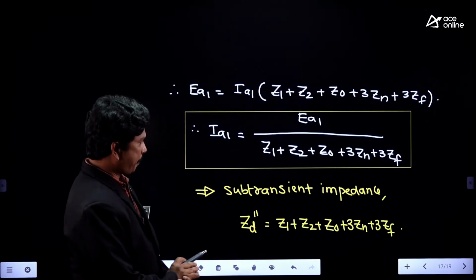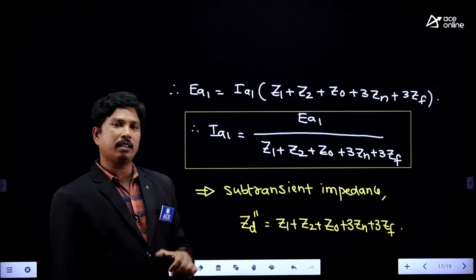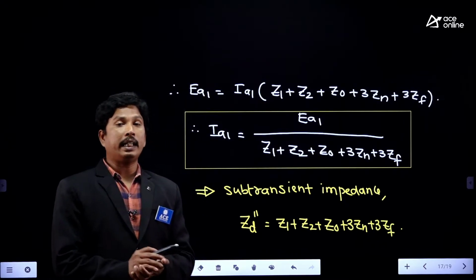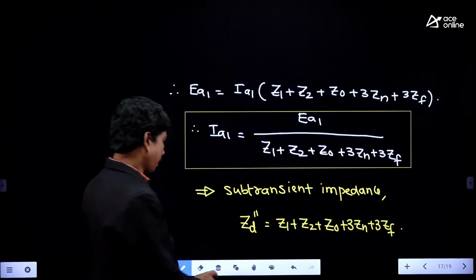Like that you can write. So we got the current conditions, impedance conditions and voltage conditions. Now we can write the sequence network condition.